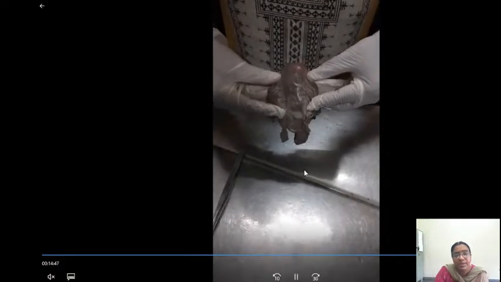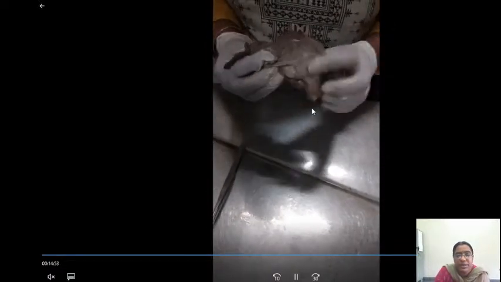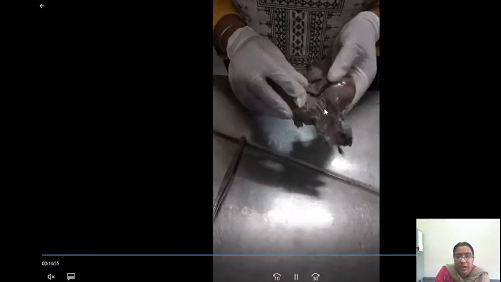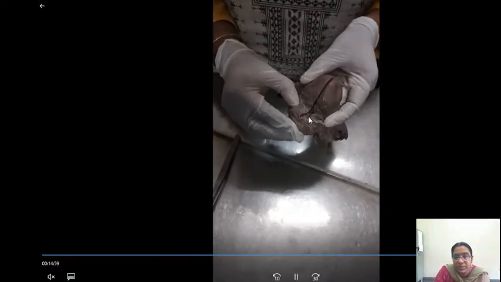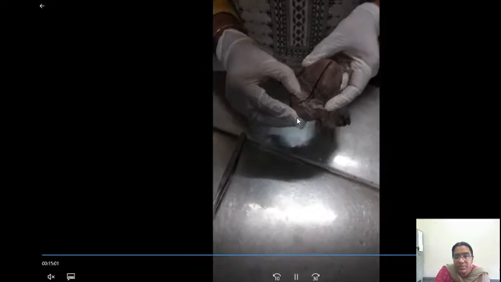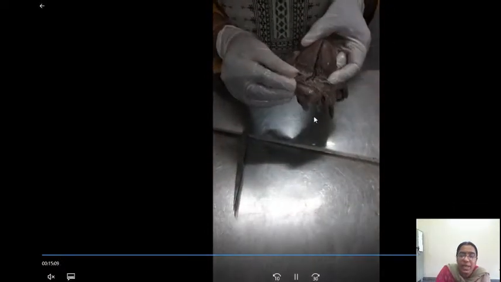Next, coming to the position of the uterus, we have said it is oblique. In this picture, this is the isthmus and this is the cervix. The cervix is divided into the supravaginal and the vaginal part.